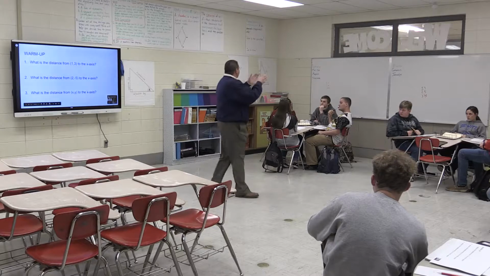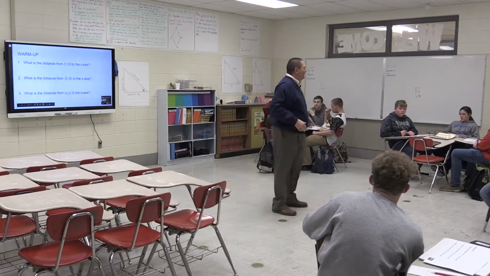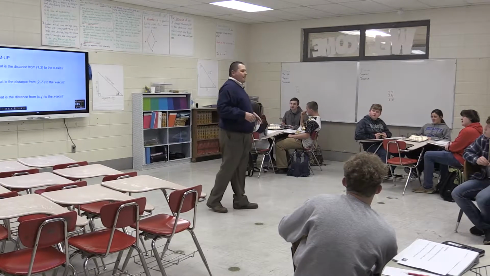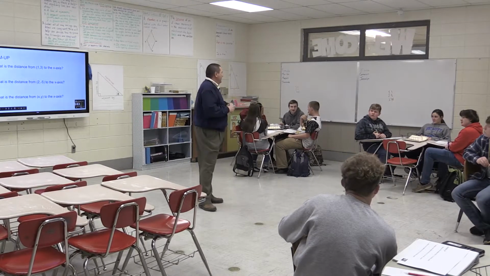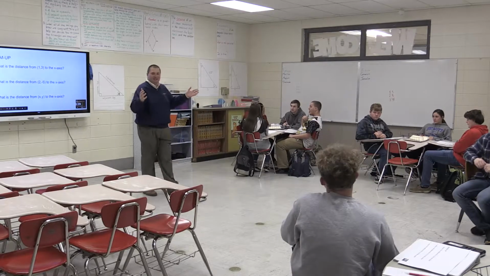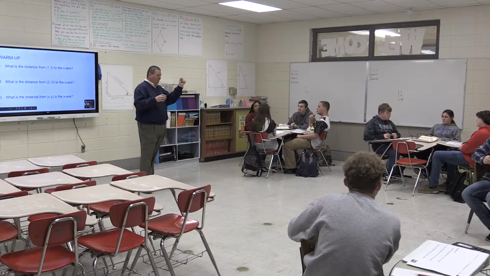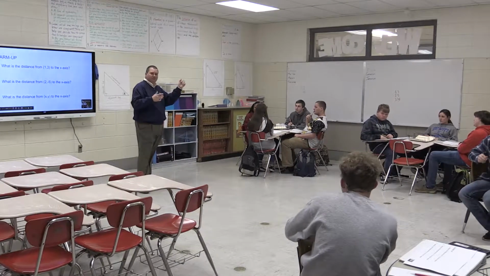So what does that mean, absolute value of y? It's how far it is from 0, because the absolute value of a number is a distance. It's how far it is from 0, right?